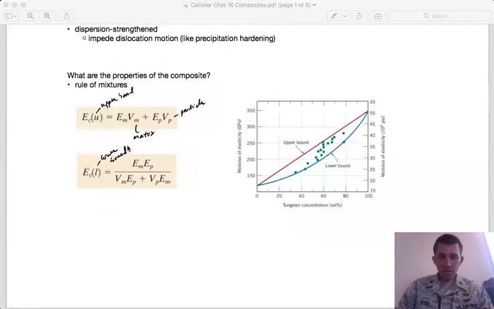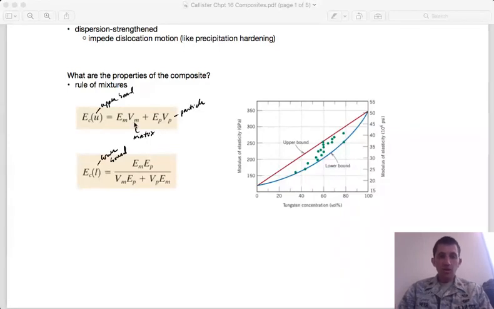Essentially, it is what you would think. If you have a certain volume percent of matrix and particles, then your resulting property would be some combination of the elastic modulus of the matrix and the particle, weighted by the amount of that phase that there is.